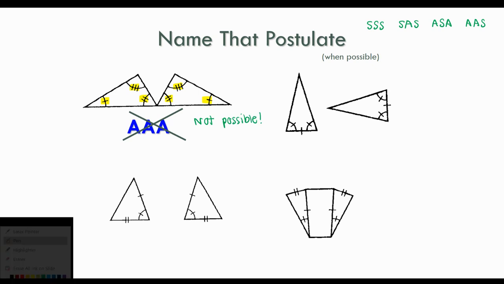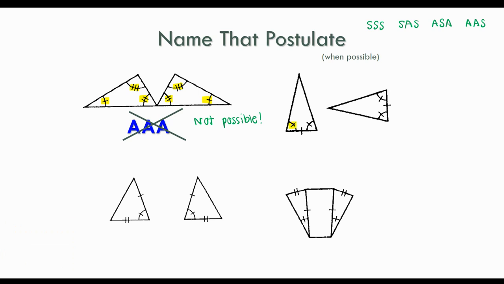Looking at the top right, we've got an angle, a segment right next to it, another angle right next to that. So we've got angle, side, angle. That is a way to prove the triangles congruent. The bottom left, we've got a set of sides, an angle that's right next to it, another set of sides.